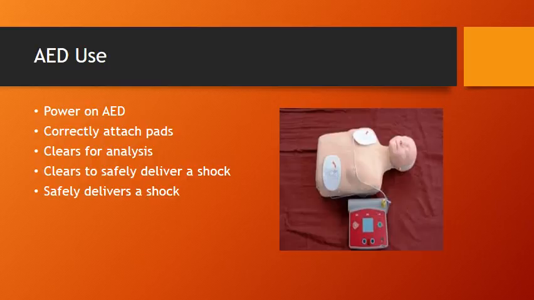We also need to make sure that we have proper use of our AED. We perform the steps for compressions and breaths for cycles, and then our AED use. First, we power on our AED by pushing the button or lifting the lid as soon as it arrives, then correctly attach our pads.